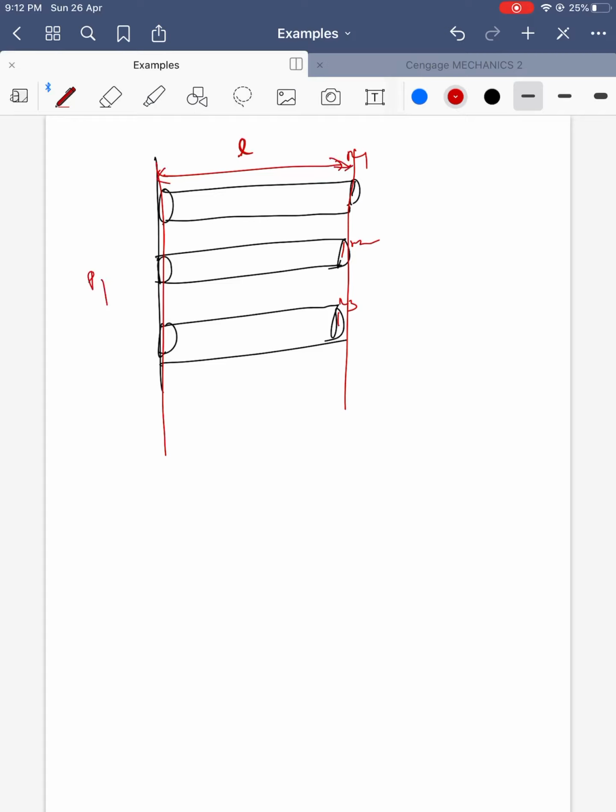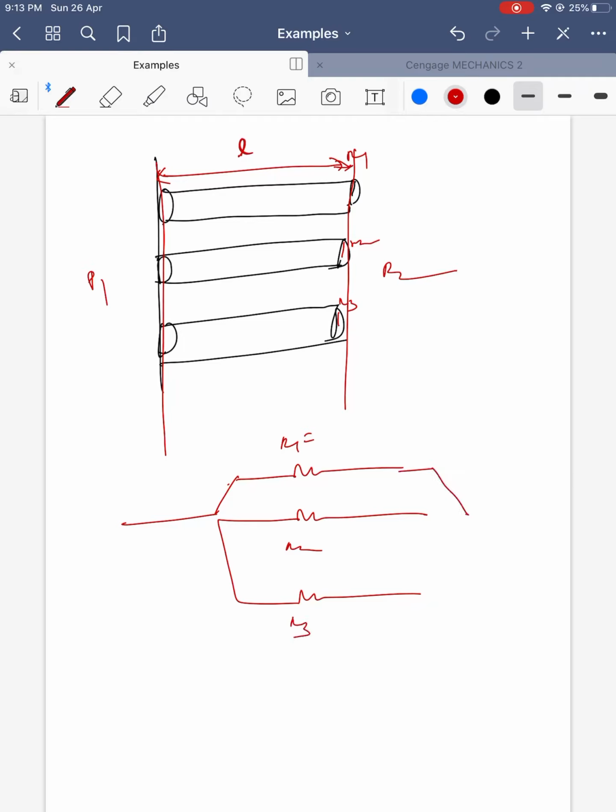Here they mention P1, and the other side is P2. Draw the diagram carefully, three tubes. What is the resistance formula? I am writing R1, the next is R2, and the next is R3, and here is a pressure drop P1 minus P2, and you can find the volumetric flow rate.